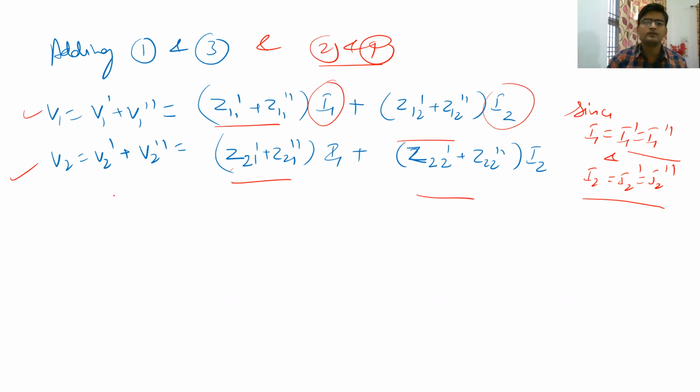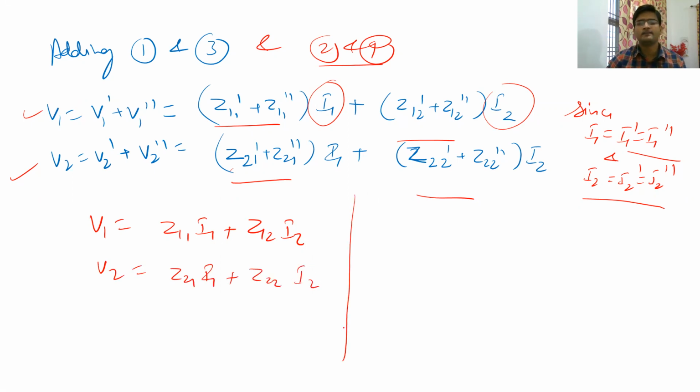So on comparing this with the standard equations, V1 is equal to Z11 I1 plus Z12 I2 and V2 is equal to Z21 I1 plus Z22 I2, we can see that Z11 is nothing but Z11 dash plus Z11 double dash, Z21 is equal to Z21 dash plus Z21 double dash.